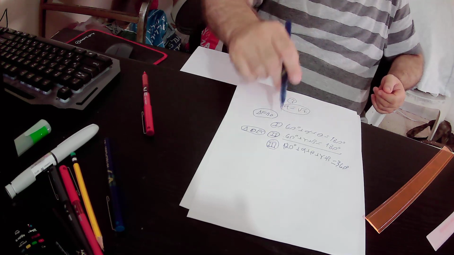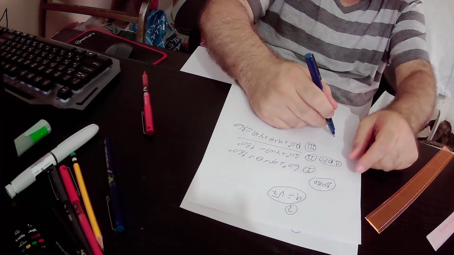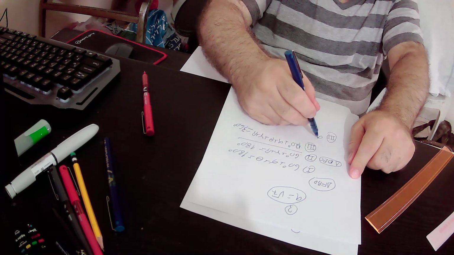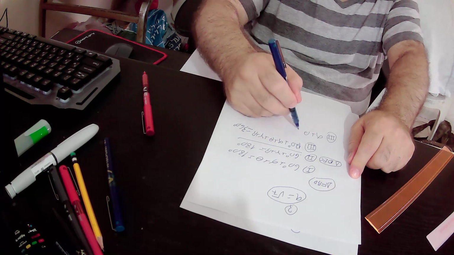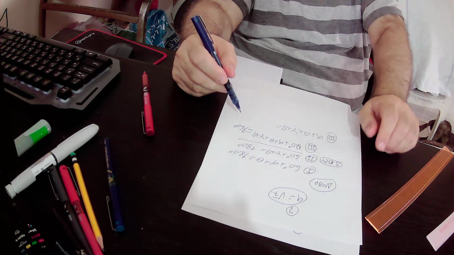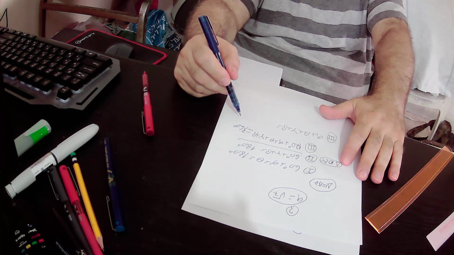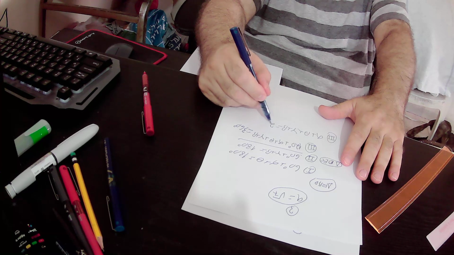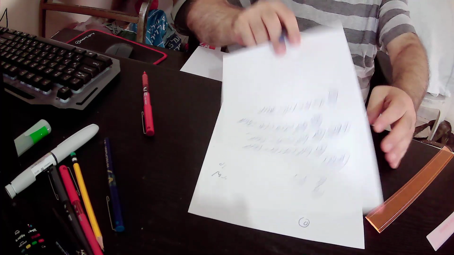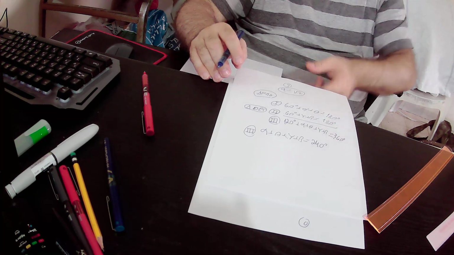We'll subtract 120 degrees from equation number 3, and we will get that alpha plus theta plus gamma plus beta equals 360 minus 120 degrees, which equals 240 degrees.